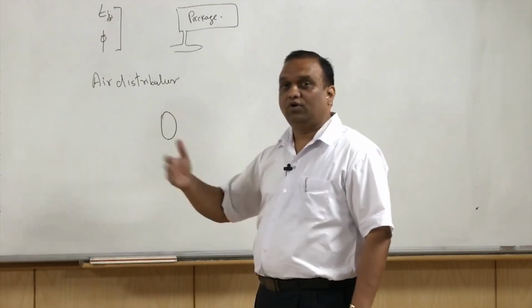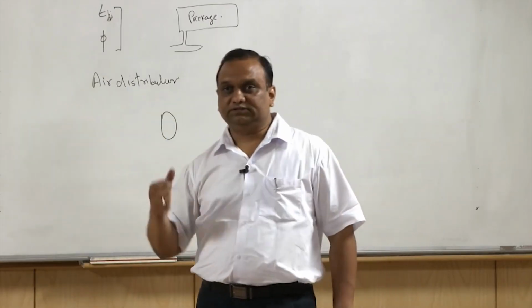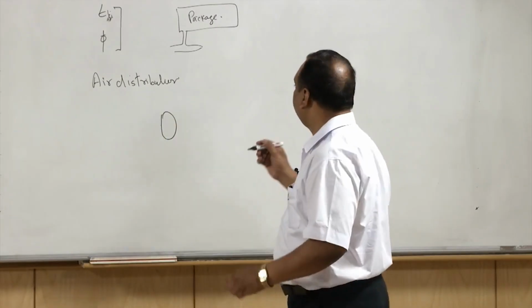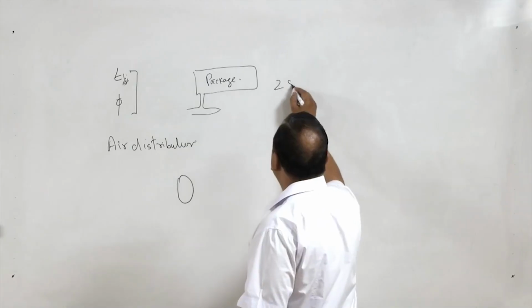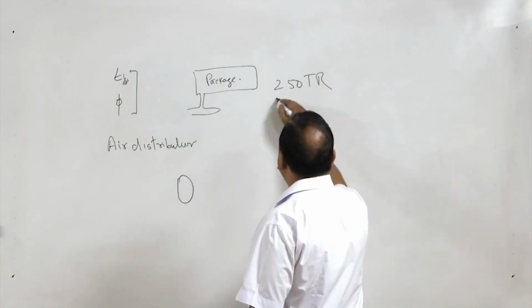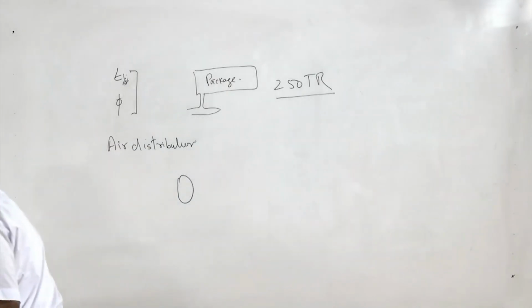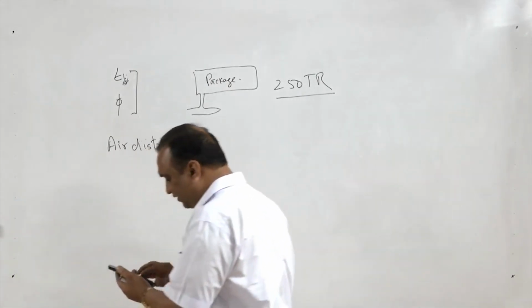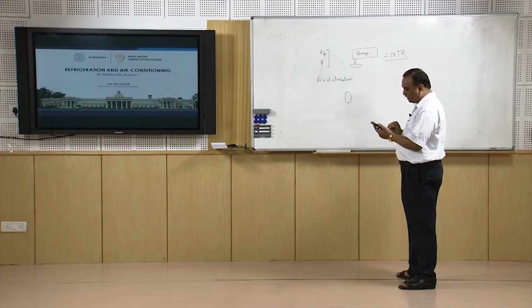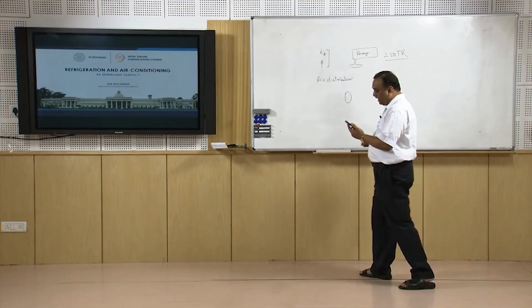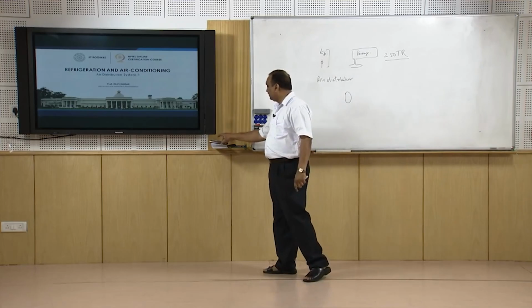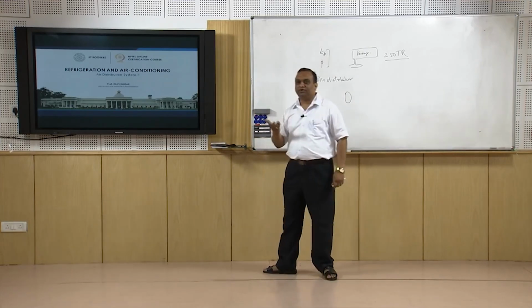Now, if the load is high, suppose 250 tons of refrigeration, and I told you the thumb rule of 400 CFM per ton. So, at 400 CFM per ton, it is going to be 1 lakh CFM. 1 lakh CFM is approximately 50,000 liters per second.